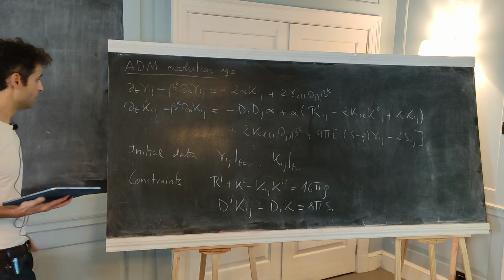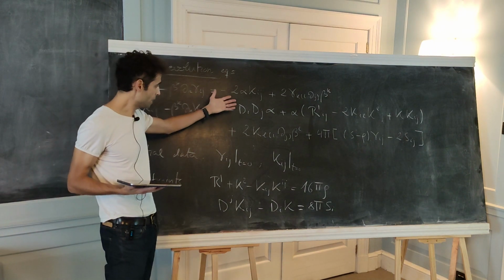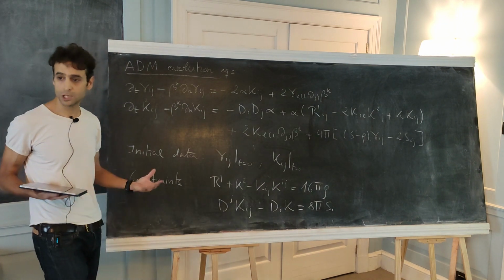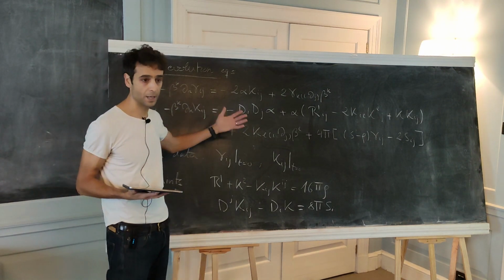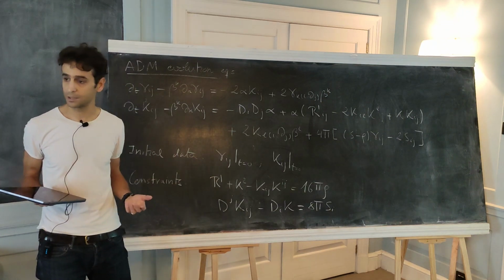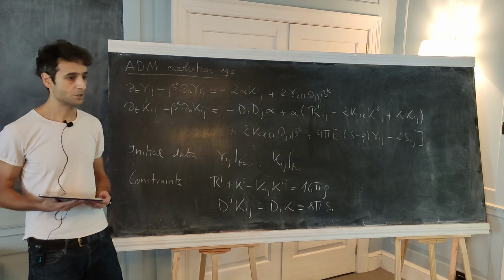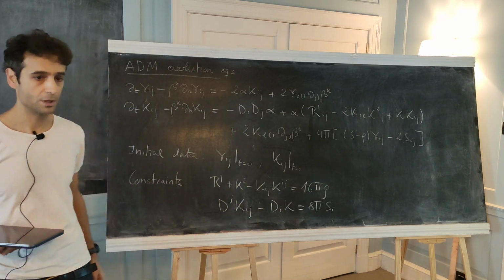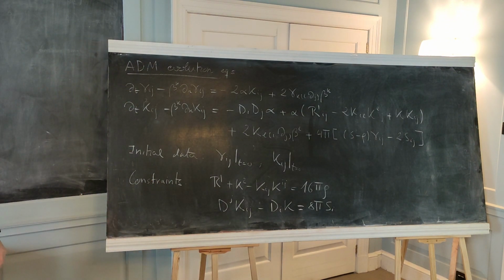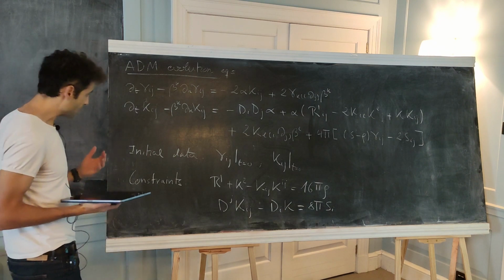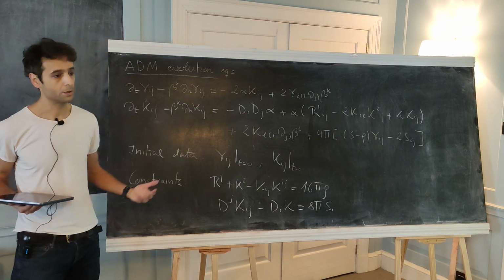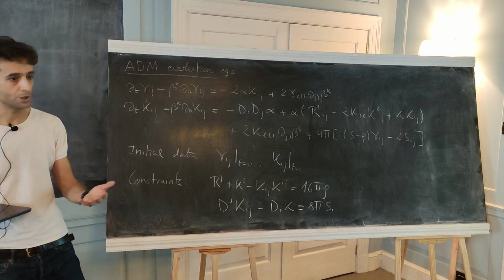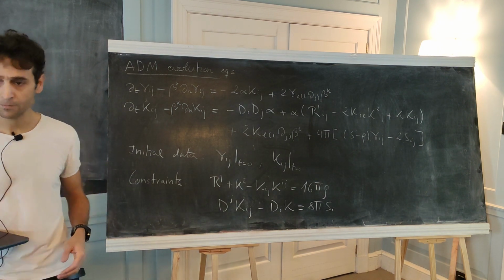For the same reason, it's non-trivial to come up with evolution equations for the lapse and the shift such that they avoid coordinate singularities. And finding such equations took basically 30 years. That was one of the big open problems that people had to overcome before one could simulate dynamical black hole spacetimes in full generality, like black hole binary mergers.